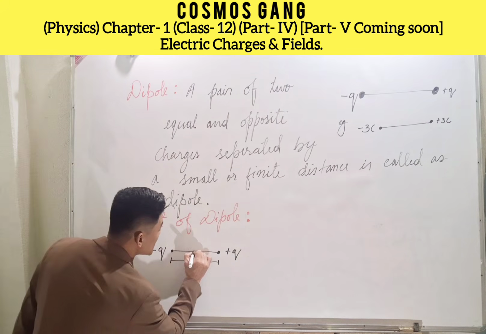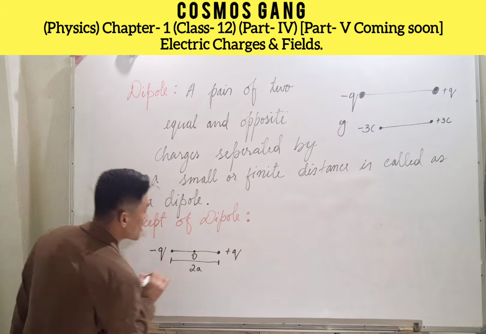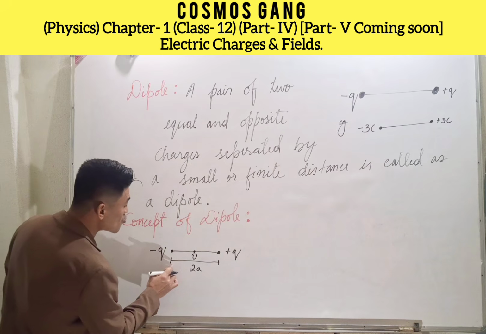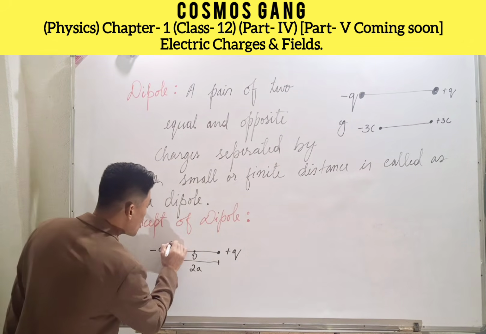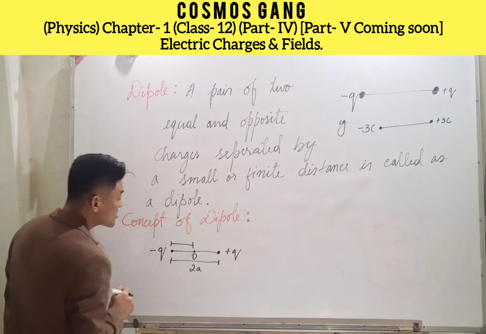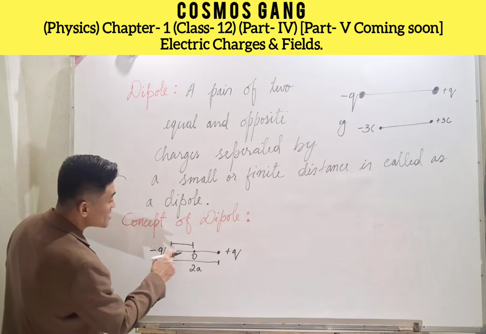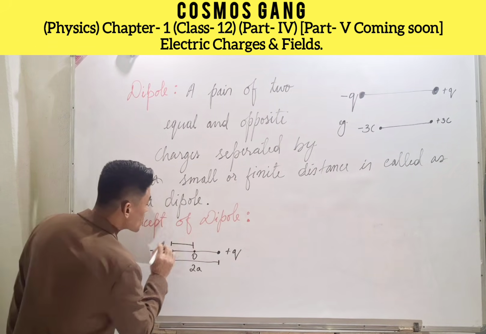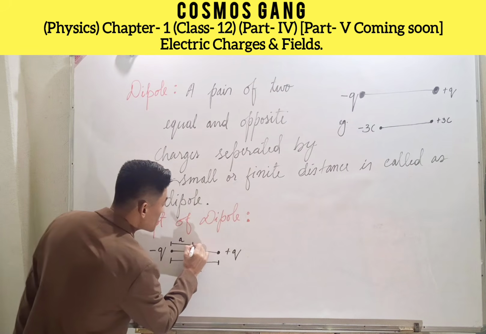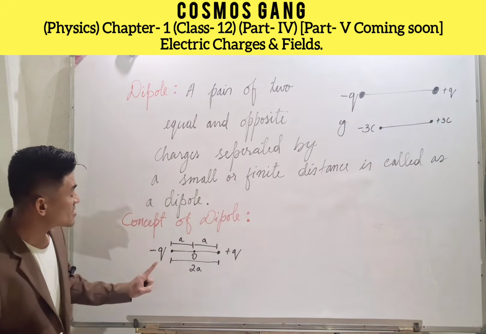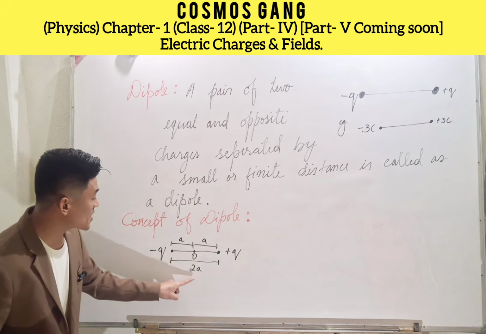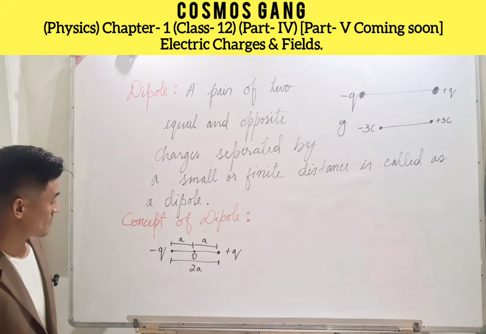If I take the center of the dipole as O, since the total length is 2a, and this is the center or midpoint, each distance from the center to the charge will be given by a. So the total distance between the two charges becomes 2a.